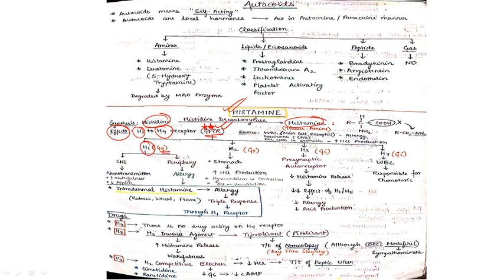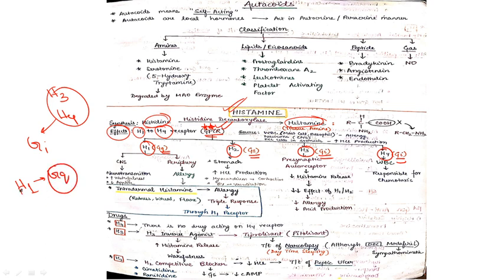H1 is of Gq type, H2 is of Gs type, and H3 is of Gi, and H4 also Gi. So H3 and H4 both are of Gi type, meaning G inhibitory type, and H1, the most important, is your Gq type, clear.